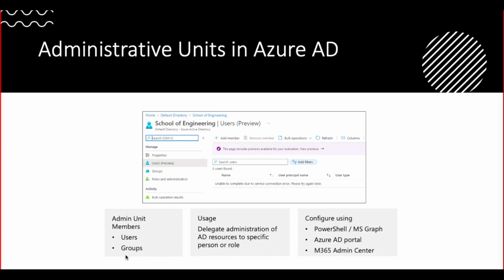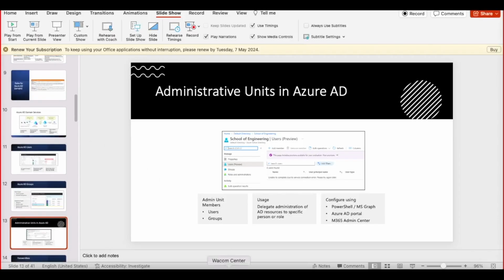So you must have the permission of a global administrator or privileged identity management to execute administrative unit in Azure AD. And administrative unit is closely linked to privileged identity management. All the capabilities of PIM you can use here. So again, you must have global admin rights for the owners, but not for the members here.